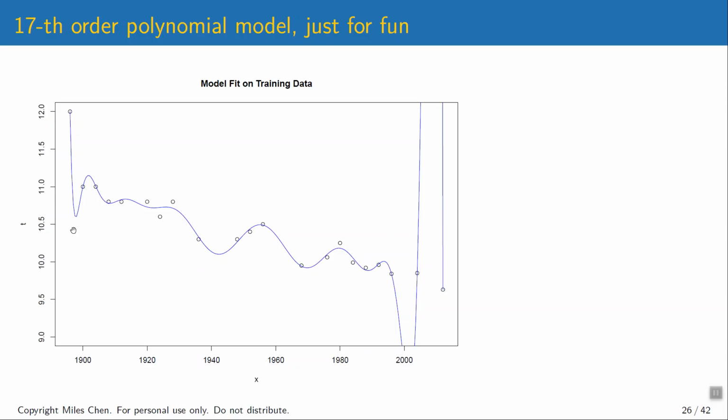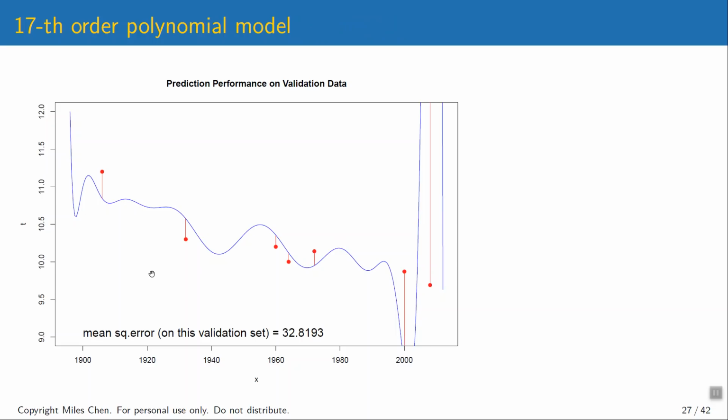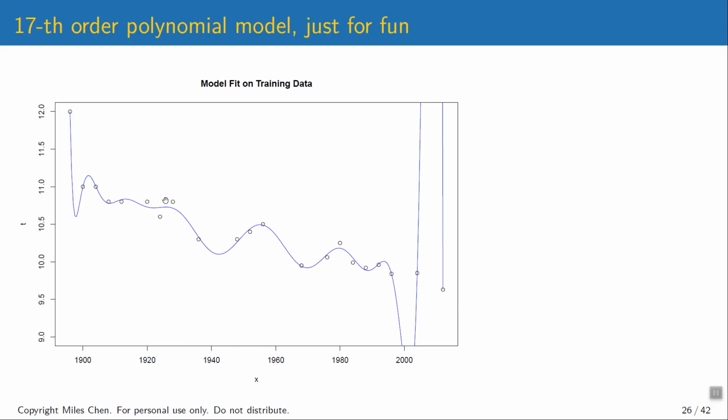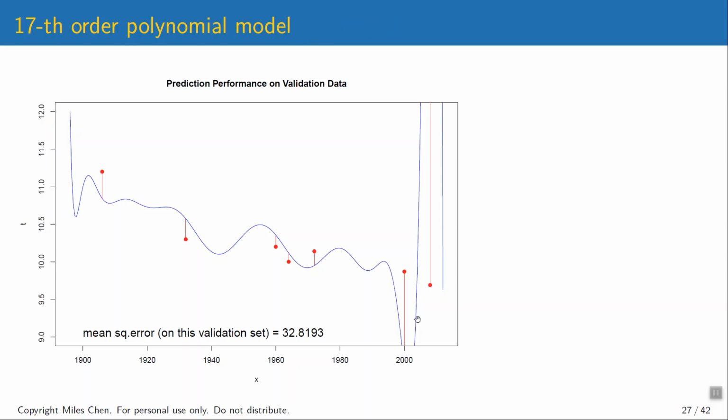This is the fit model, and when we look at how it works on the validation points, we can see it's doing a pretty bad job for this point and a really bad job for this point. According to this fit, we should see a huge drop in the year 2004 and then a huge spike in the year 2008 or something, which clearly doesn't make sense.